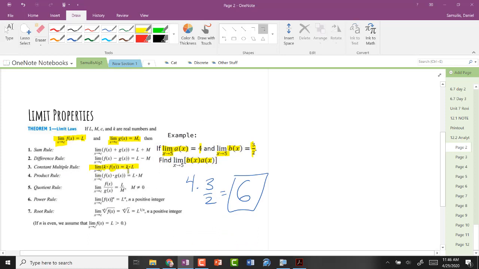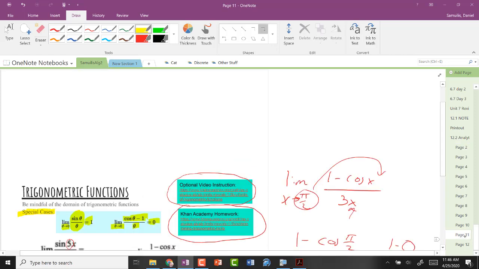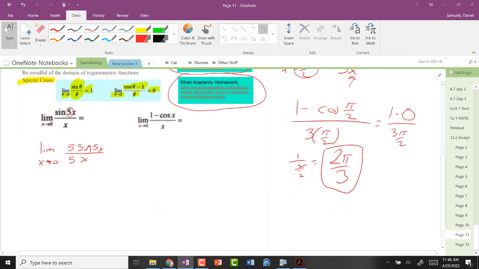When I have a value times a function, that is just going to be that value, the k value, times the solution to the limit of that function. You're like, what? So this means that I'm going to be able to bring this constant out to the front. So I have 5 times the limit of x approaching 0 of sine of 5x over 5x.